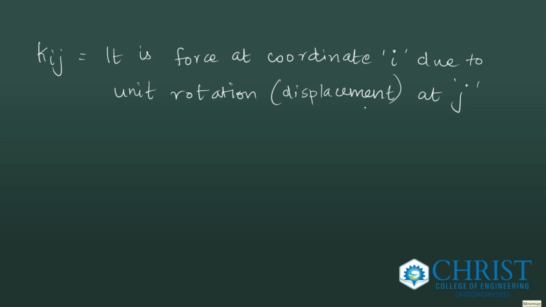So Kij is force at coordinate I due to unit displacement at J. When I apply unit displacement at jth position, I get a force at ith position. In the similar way, I find all the stiffness influence coefficients for the whole structure.